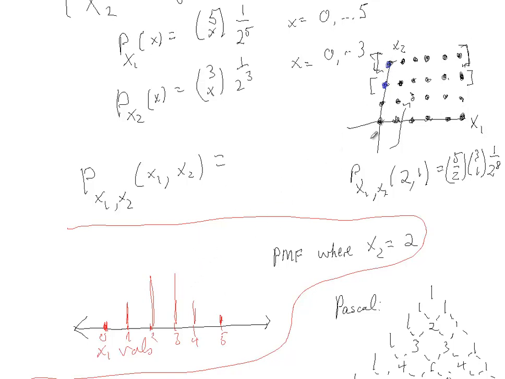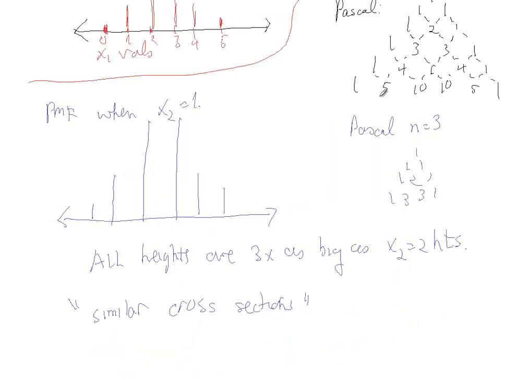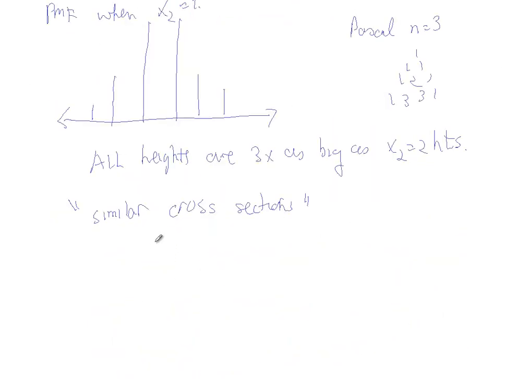Same if I slice it vertically. If I slice it vertically, I'll also have similar cross sections. So the shape of the distribution this way is constant, independent of x1. The shape of the distribution this way is constant, independent of x2. So I can say it's constant shape. All right, that's for discrete.